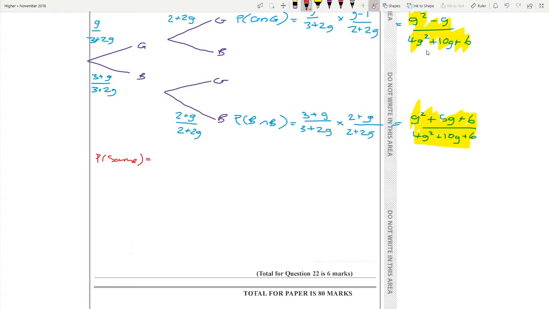So that's G squared minus G, because they're both the same denominator, I'm just going to go ahead and add it here on top on the numerator.